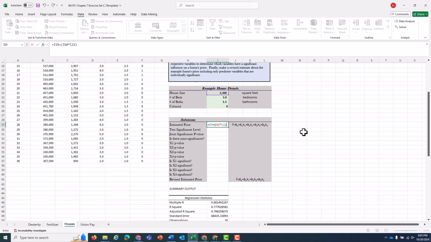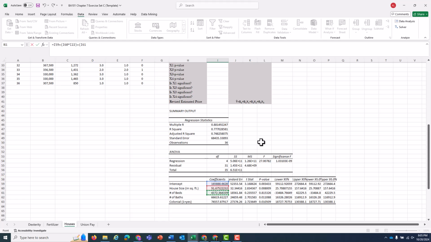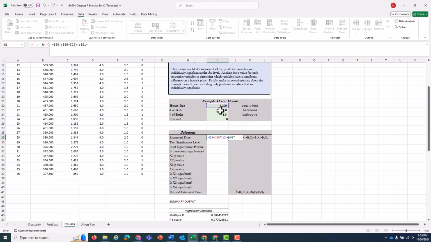And I'm just going to repeat the process for the second, third, and fourth predictor variable. I'm always going to add in the product of the slope for that predictor variable times what amount of that predictor variable our example home has. So for the number of beds, it would be the slope for the number of beds times the 3 beds that this place has.